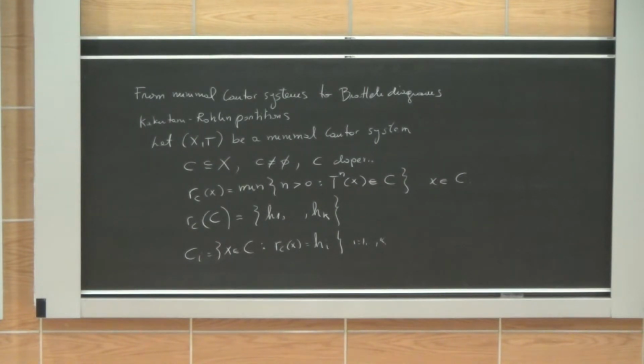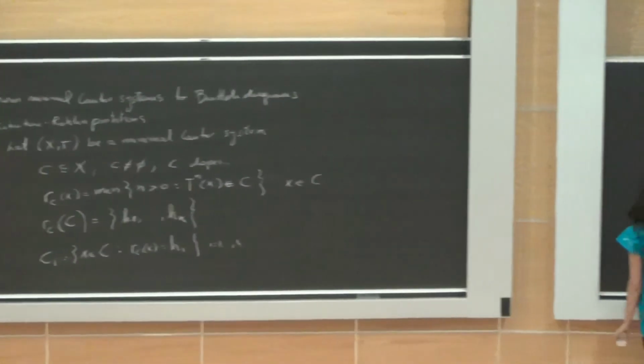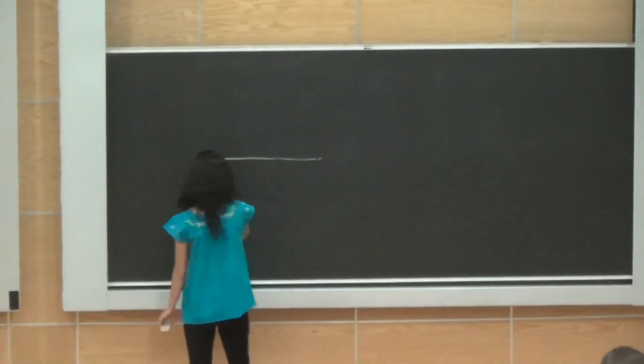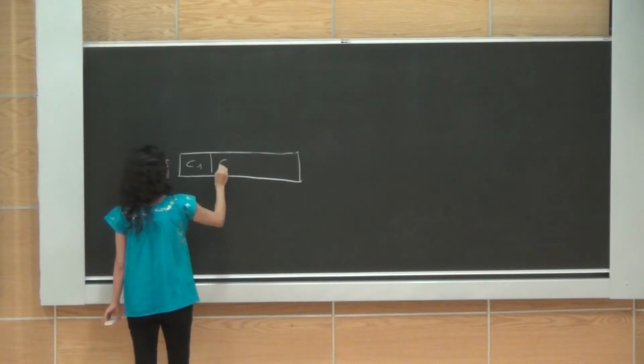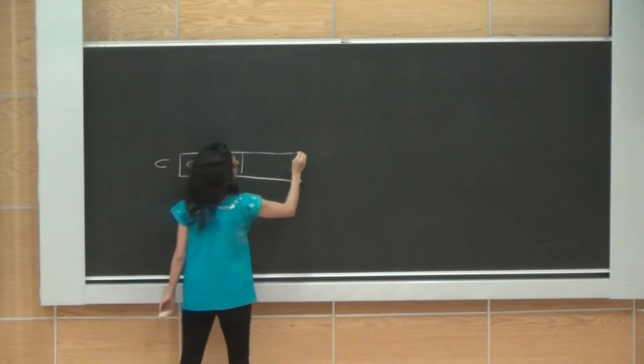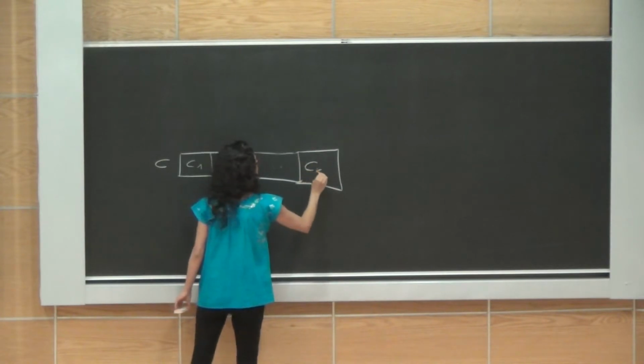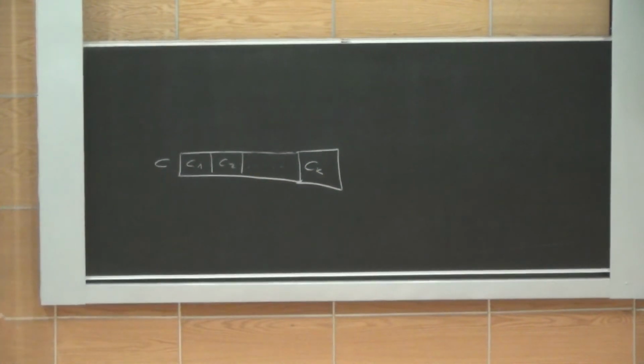So I'm going to try to make a picture here. You have the set C, and then you have C1, C2, CK. This is a partition of C. And then, what happens with the image of this? When you apply T^hi to Ci, you come back to C. But in between, you are outside.